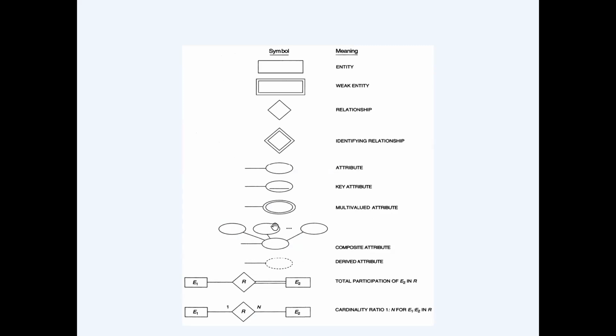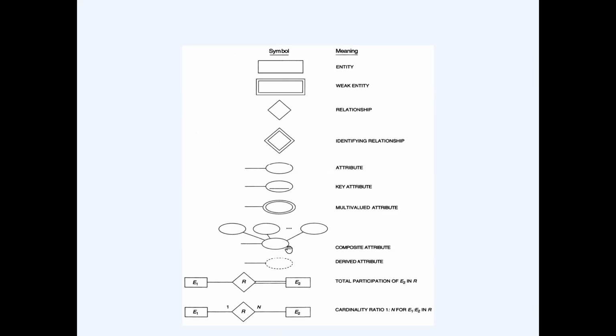Then we use a double oval. I said the color of a car, right? So if you have a color attribute attached to the car entity type, then you have to use a double oval like this.